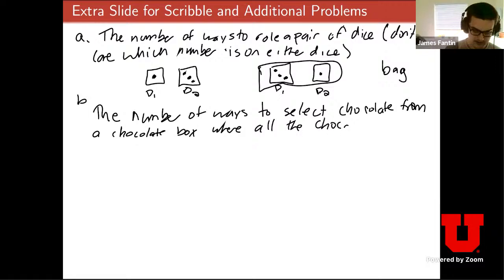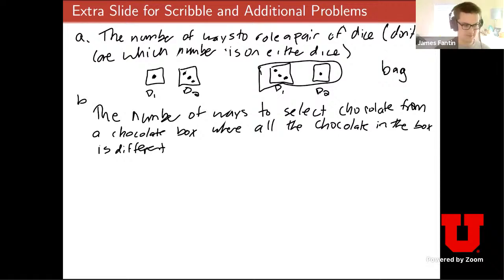So what would this be? We're selecting some chocolate from a chocolate box. We're selecting 5 pieces from a group of unique items, right?